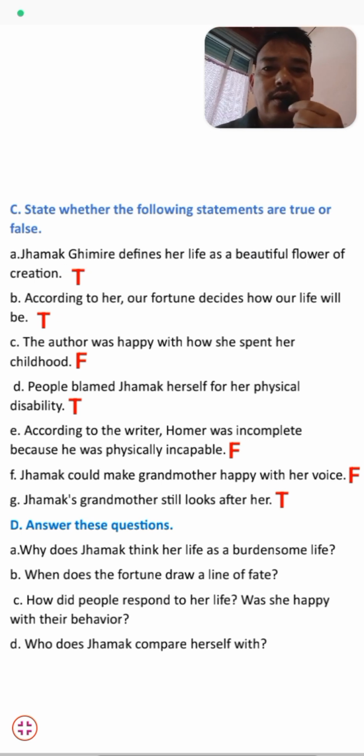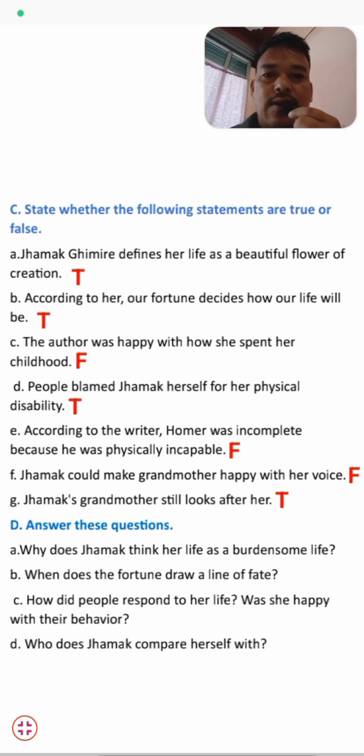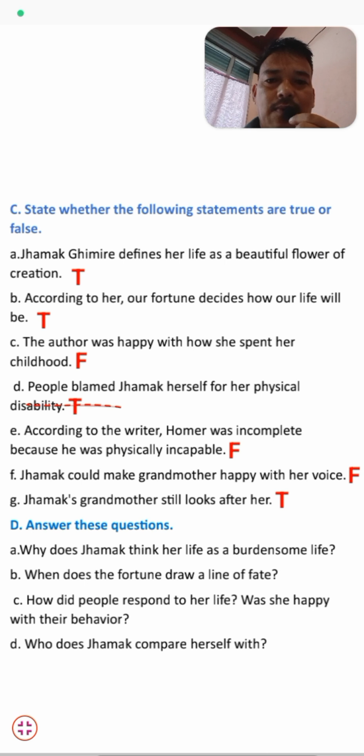And B: according to her, our fortune decides how our life will be. Yes, again, it's true. C: the author was happy with how she spent her childhood. No, she wasn't happy. It's a false statement. D: people blame Jhamak herself for her physical disability.